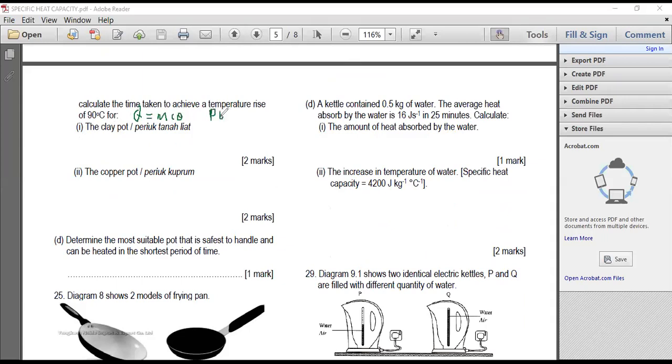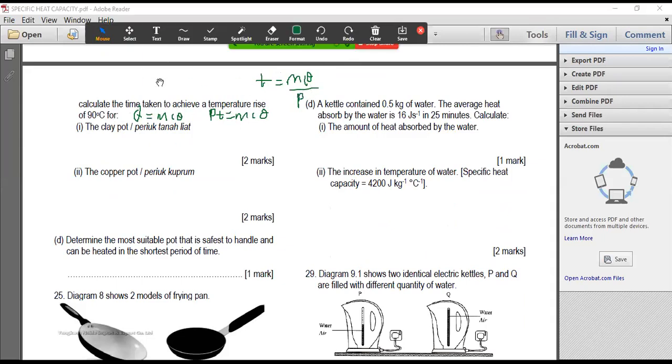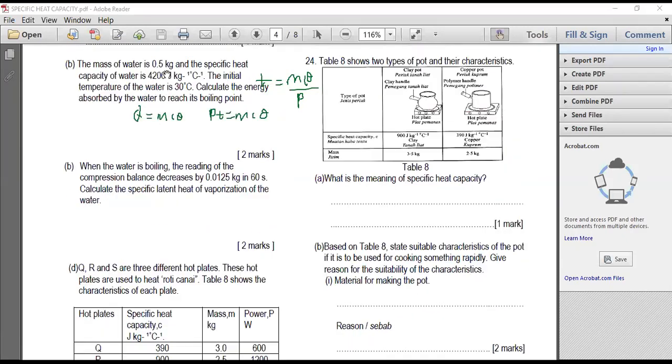So Pt equals mc theta, which means your t will be mc theta over P. So for the clay pot, the mass is 3.5, c is 900.